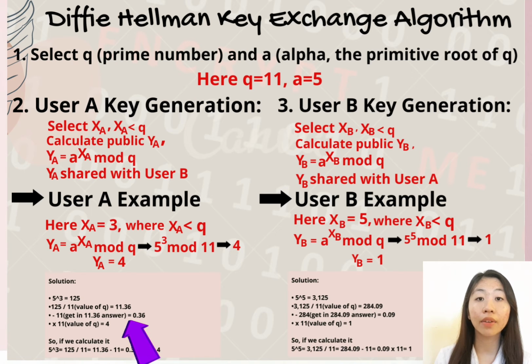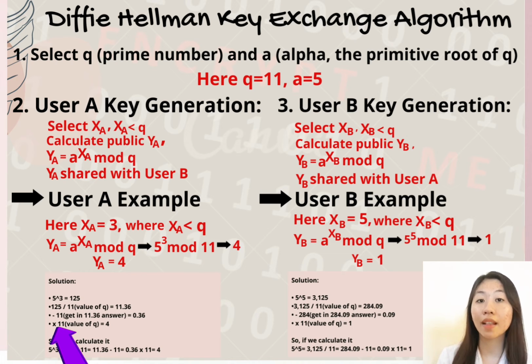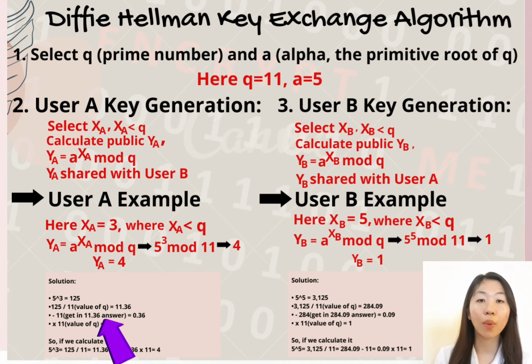That is from the 11.36 answer. So 125 divided by 11 is equal to 11.36, minus 11 is equal to 0.36. Then multiply by 11, which is our Q. So 0.36 times 11 is equal to 4. So that will be the value of YA.